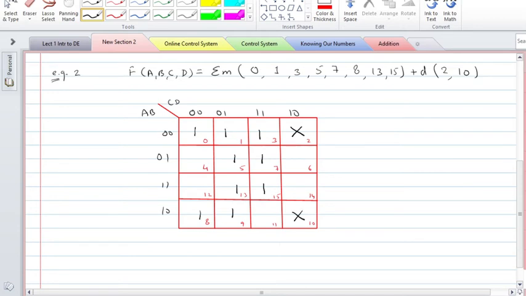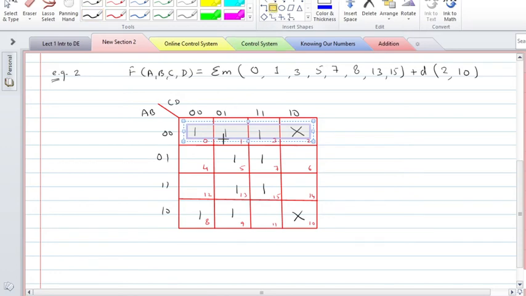So here in this case we have to form the minimum number of largest possible groups. If possible you can use don't care also. So here in this case one largest group is this one.